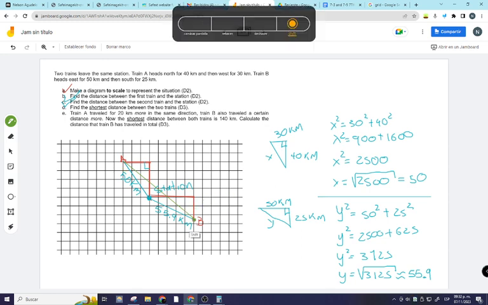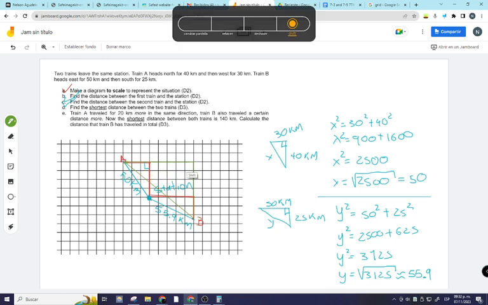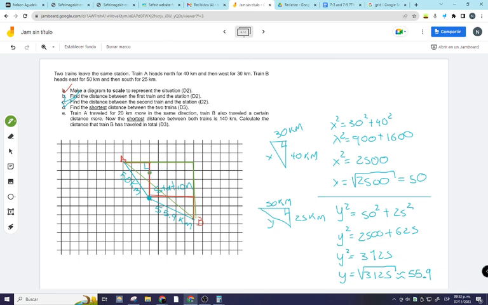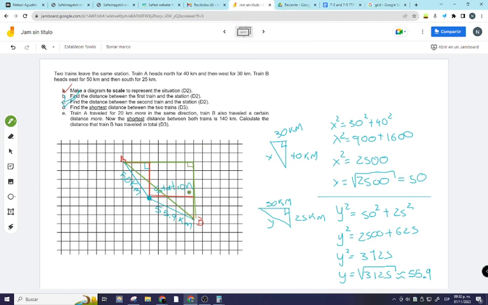So if you realize, this is actually the hypotenuse of another right angle triangle. Let me make it a little thicker so that you will see the green triangle that I'm talking about. Yeah, I'm talking about this triangle. So what are the measures of this?